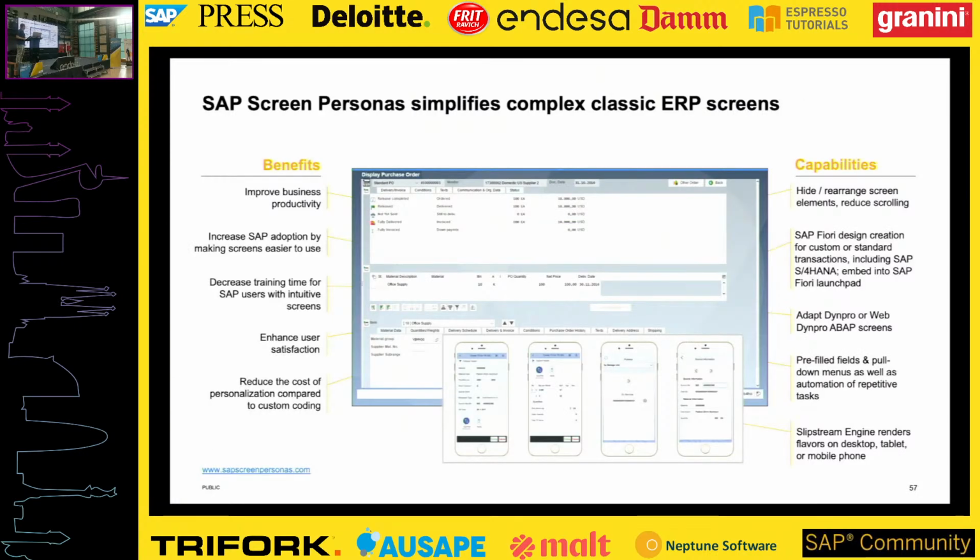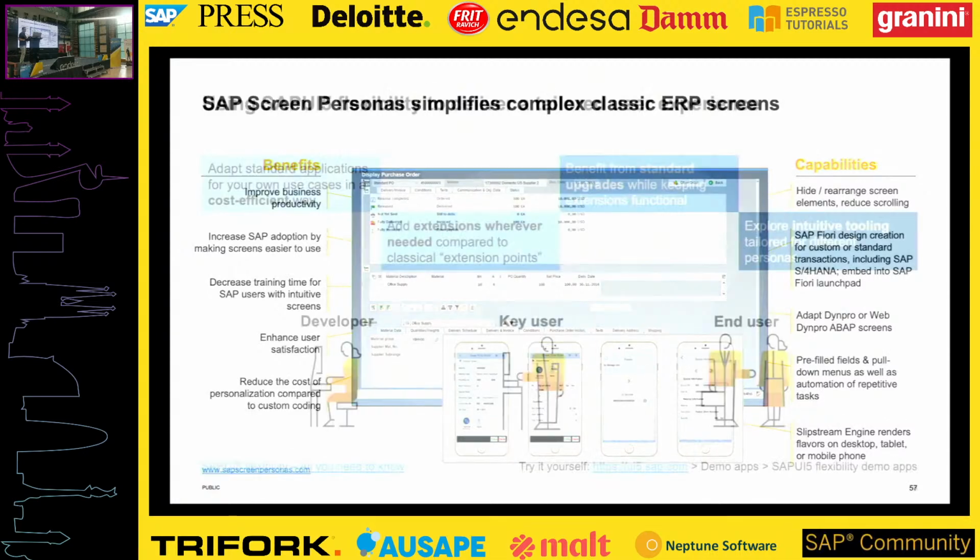Screen Personas, just very brief, offers you many options to work with a classical screen to make this simpler, for example, hiding tabs, changing the theme and so on, to make this look more like Fiori, to make these complex screens I mentioned at the beginning somehow simpler. So this is one tool for the classical screens.